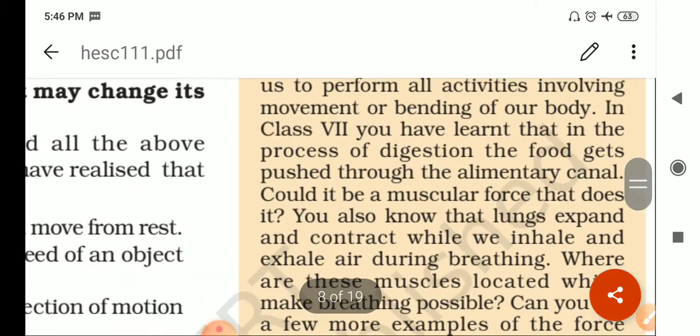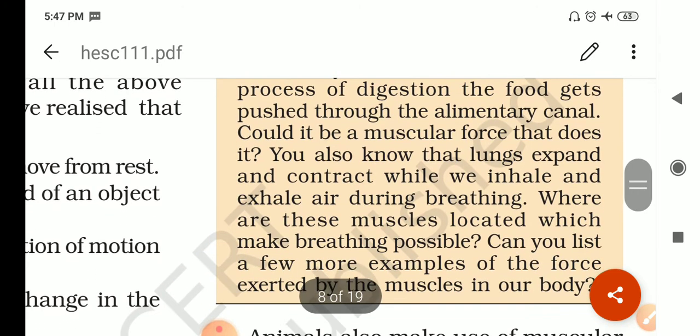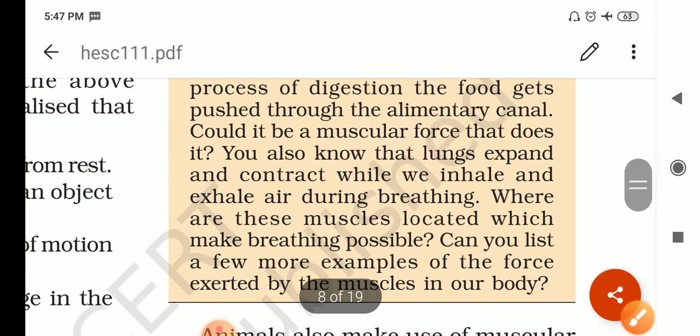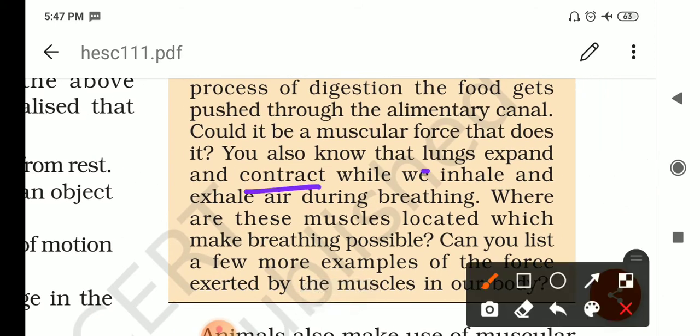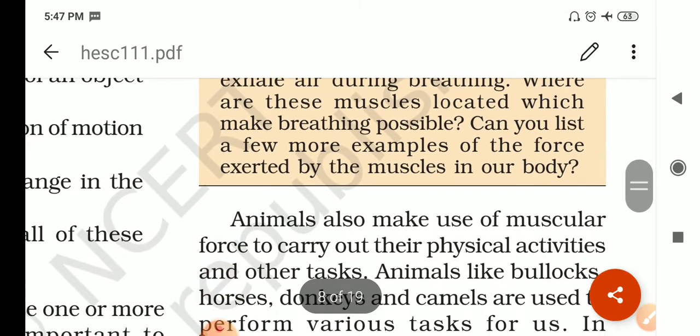We have already discussed in previous classes that movement in our body takes place due to muscular tissue. Muscles are responsible for movement in our body. Lungs expand and contract, and the heart relaxes and contracts. So many movements in our body take place due to the force exerted by the muscles, right?